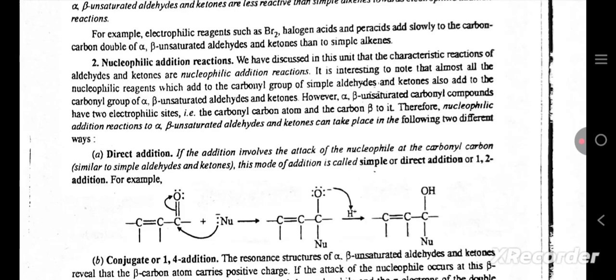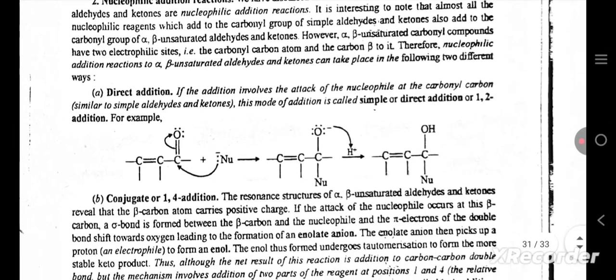Nucleophilic addition reactions. We have discussed in this unit that the characteristic reactions of aldehydes and ketones are nucleophilic addition reactions. It is interesting to note that almost all the nucleophilic reagents which add to the carbonyl group of simple aldehydes and ketones also add to the carbonyl group of alpha-beta unsaturated aldehydes and ketones. However, alpha-beta unsaturated carbonyl compounds have two electrophilic sites, the carbonyl carbon atom and the carbon beta to it.